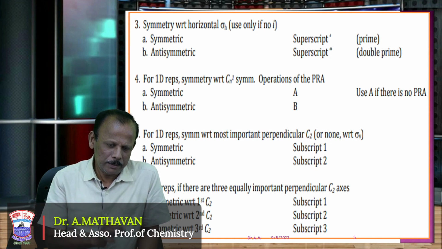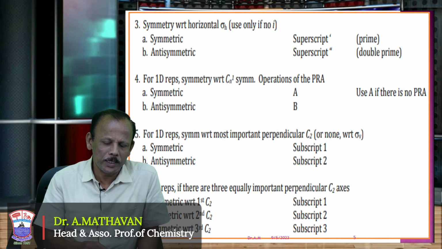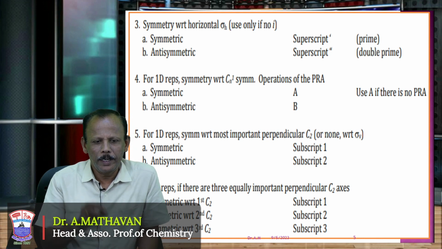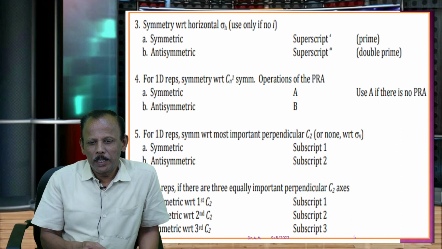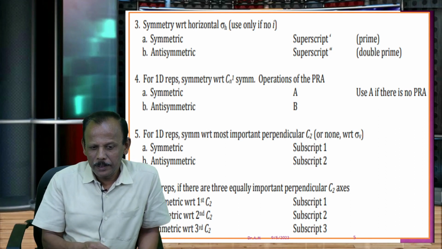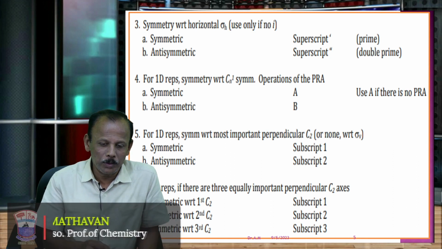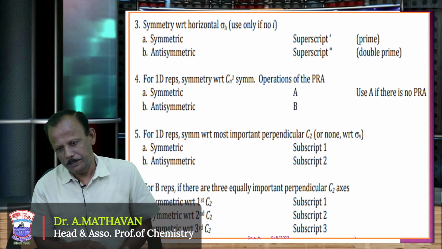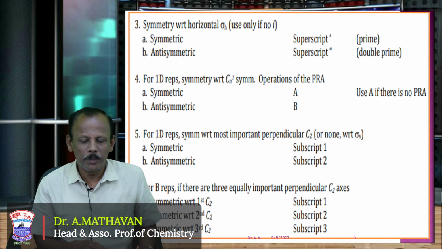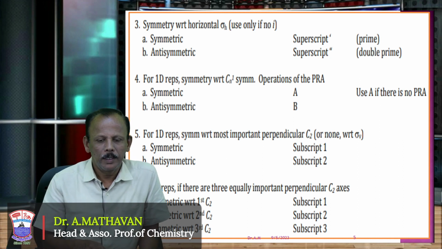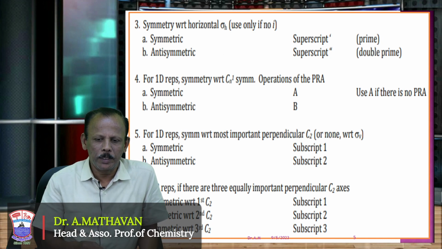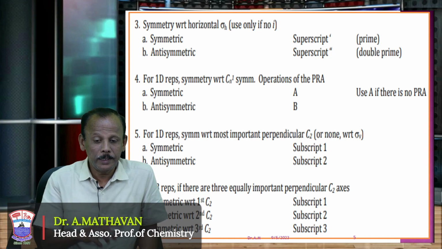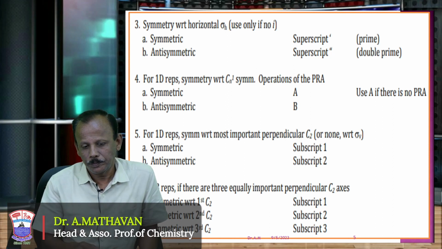As said previously, A or B are used for one-dimensional representations. If the character for the proper axis of rotation is +1, that is symmetric with respect to Cn, it should be A, and if antisymmetric, it should be B. Similarly, for one-dimensional representations, consider symmetry with respect to the perpendicular C2 axis. Sometimes there may be n C2 axes present in the molecule perpendicular to the Cn axis. If symmetric, the subscript should be 1, and if antisymmetric, the subscript should be 2.